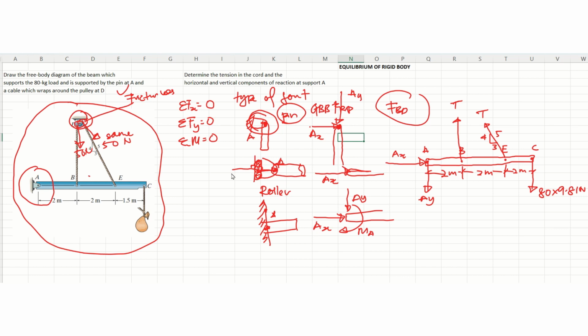This is for the free body diagram. Later we will continue in our next session to determine the tension in the cable and the horizontal and vertical components of the reactions at support A. Until now, we have drawn the free body diagram first. Later on, we will continue with the calculation. Okay, that's all.